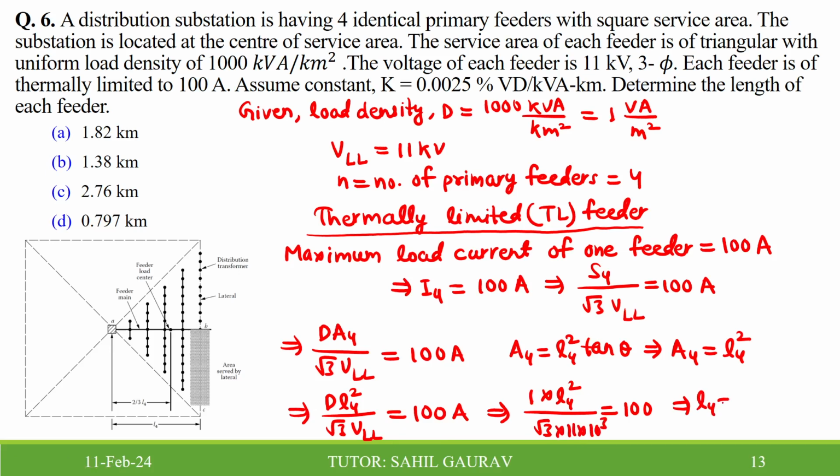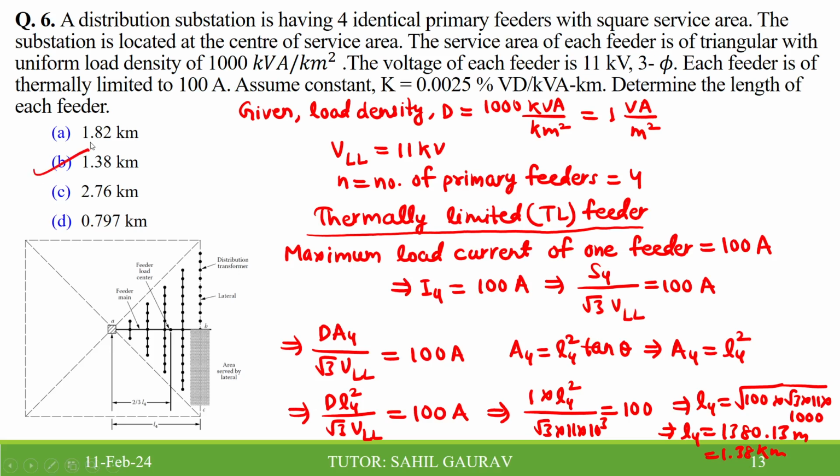So L4 squared you will get 100 into root 3 into 11 into 1000. If you compute this, L4 will come as 1380.13 meter. So that is approximately 1.38 kilometer. So B is the correct answer.